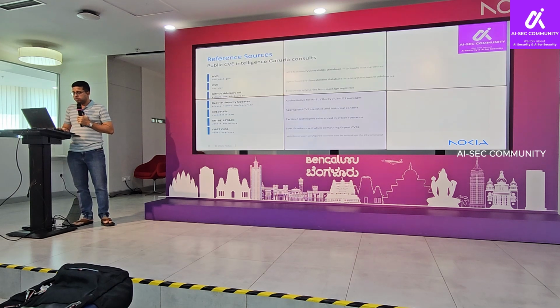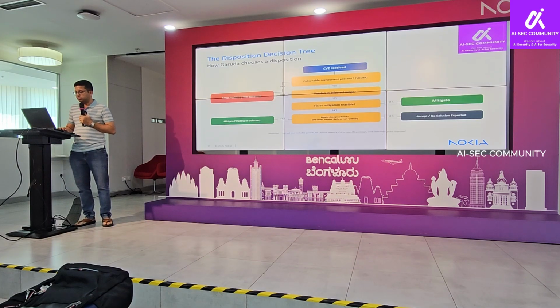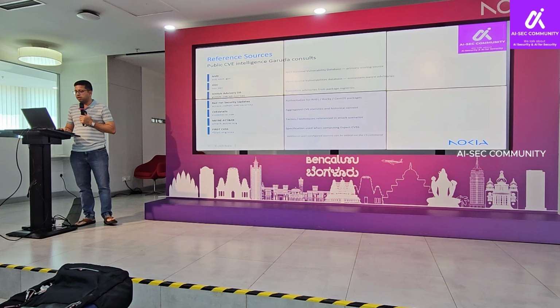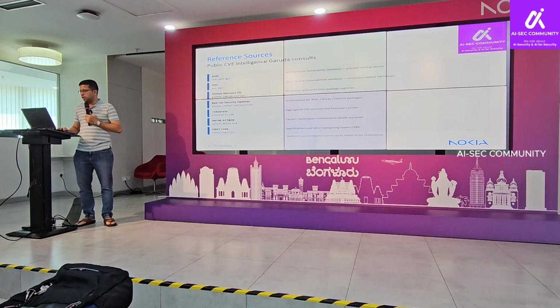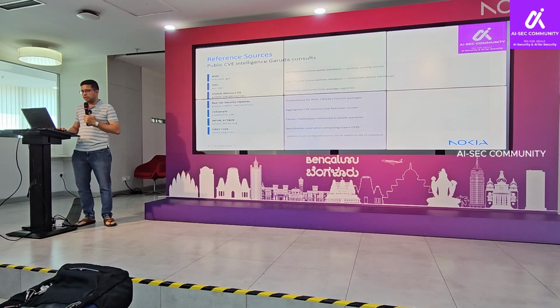Yeah, I'll quickly go through the default sources that we have configured in the agent. So we have NVD, the National Vulnerability Database. This is the primary source. Along with this, we are also using a source called OSV, the Open Source Vulnerability Database.